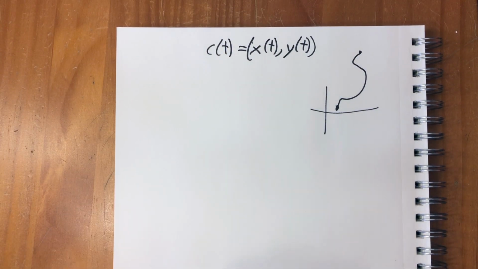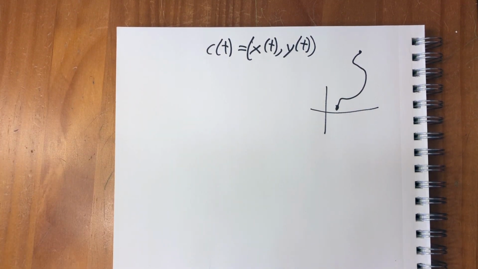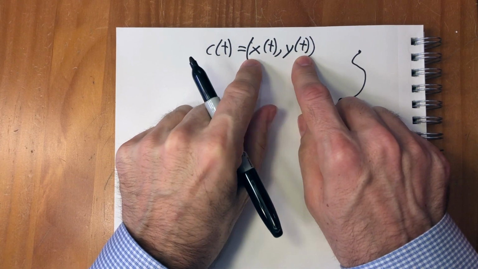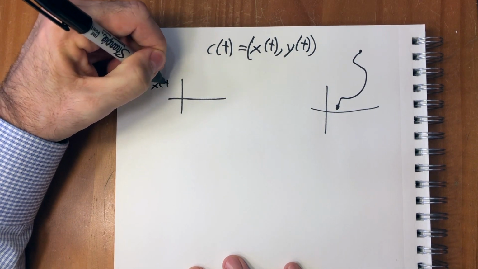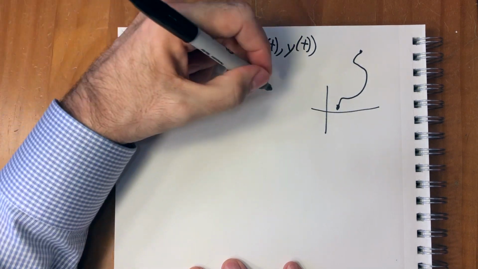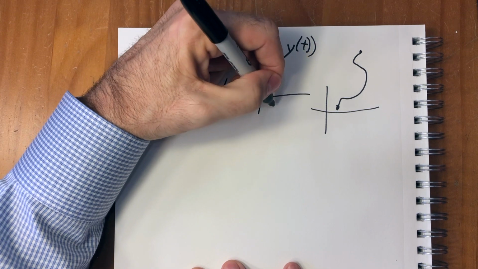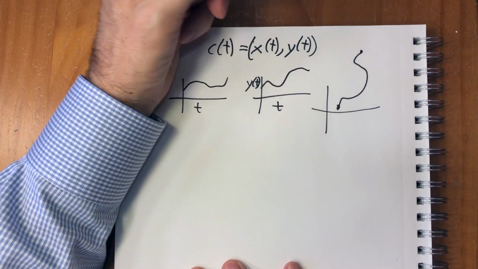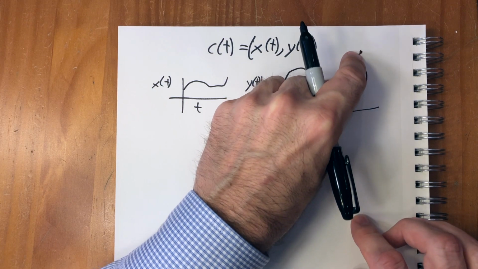If you just accept it without thinking about it, it's like, okay, fine, that's how we'll deal with it. But I'm not immediately convinced that if you have a function x of t, which goes like this, and another one, y of t, which goes like this, and you put these together, that it's going to make a smooth curve like this.